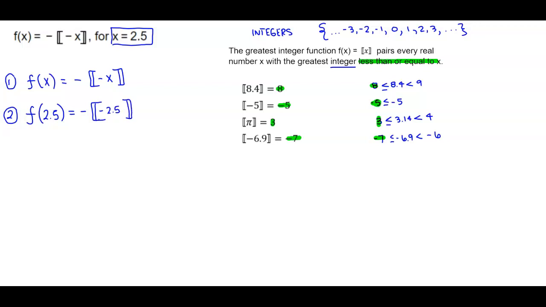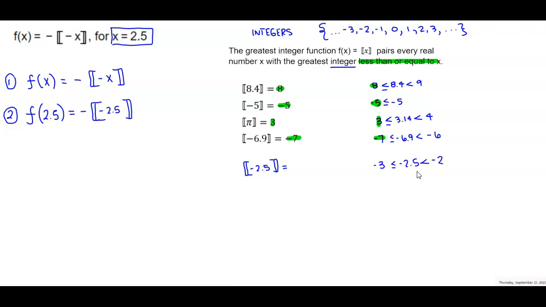Now what we need to do down here is find the greatest integer of negative 2.5. Remember that we have negative 2.5, and what two numbers is negative 2.5 in between, where it's less than or equal to on the left side and then less than on the right side? That means this is negative 3 over here, and this is negative 2.